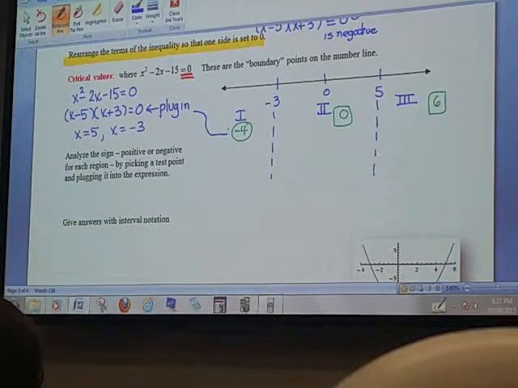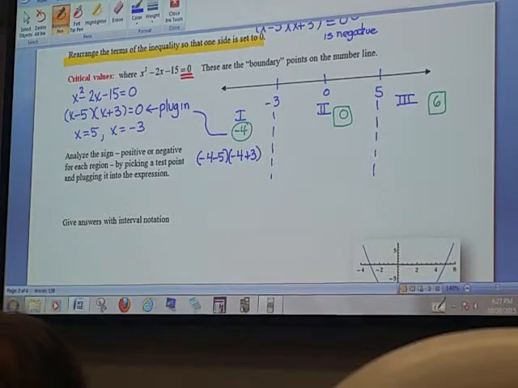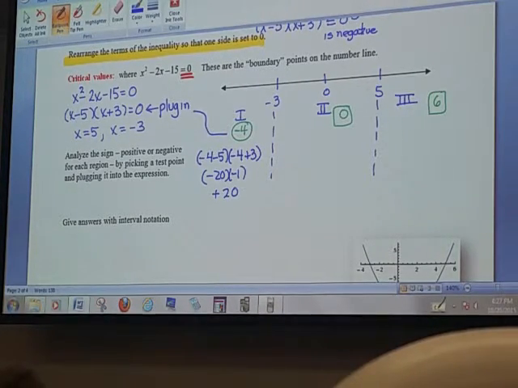But you can plug it into the original one if you want to, where you haven't factored it. So I'm going to say I have negative 4 minus 5, negative 4 plus 3, that's negative 9 times negative 1, that's positive 9. Okay?